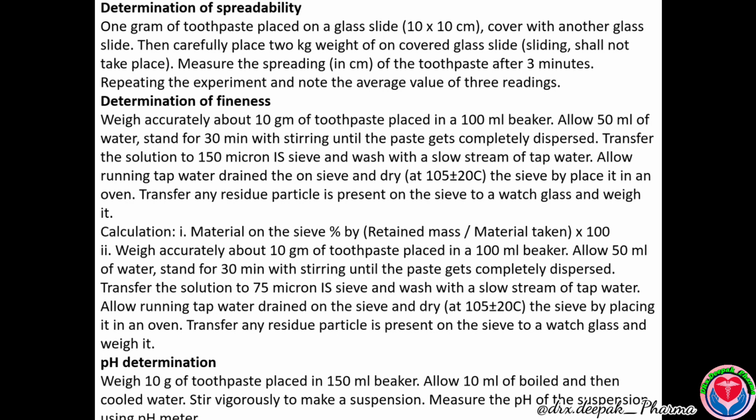Allow the running water to drain on the sieve and dry at 105 plus minus 2 degrees Celsius by placing it in an oven. Transfer any residue particles present on the sieve to a watch glass and weigh it again.